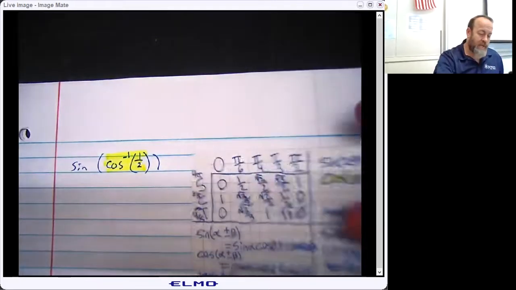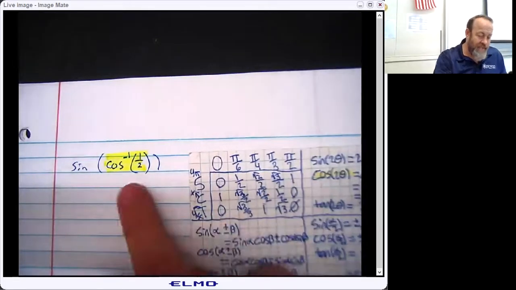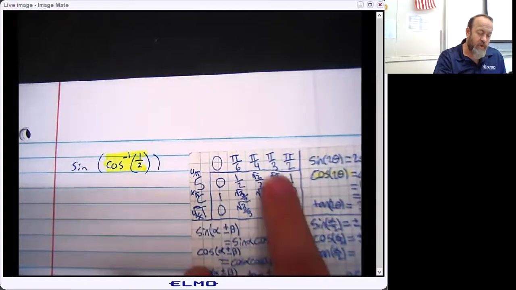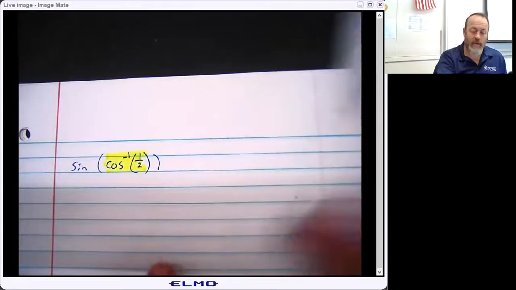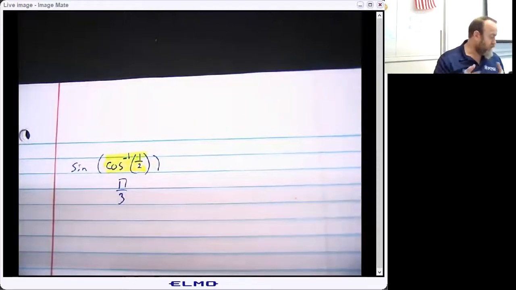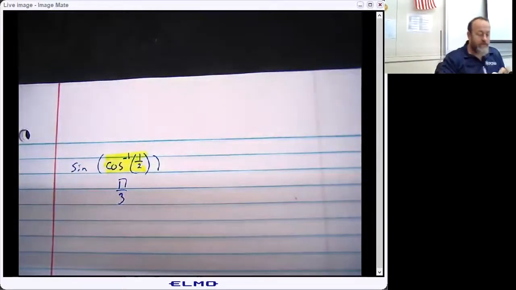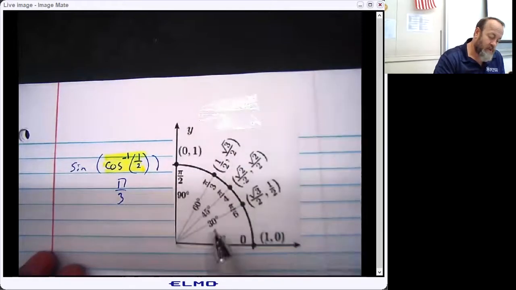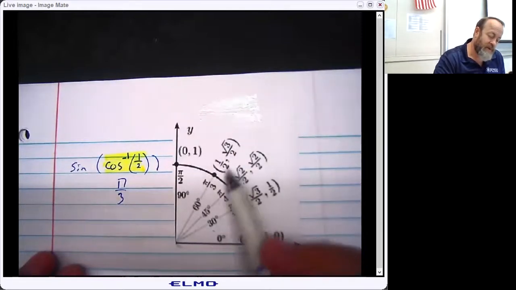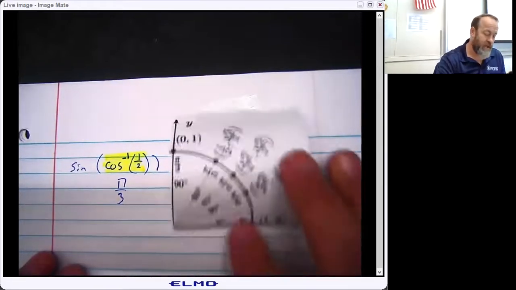So if we were to answer that question, when is the cosine 1/2? Our answer is pi/3. We could do that through the first piece of the unit circle that I have sitting over here. Remember, we could have said, when is the x value 1/2? It's pi/3.